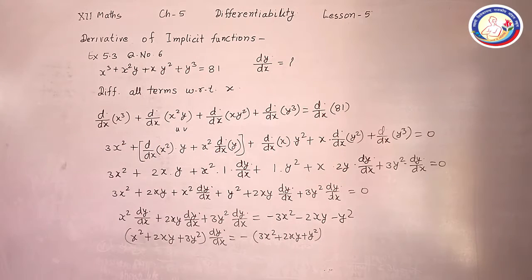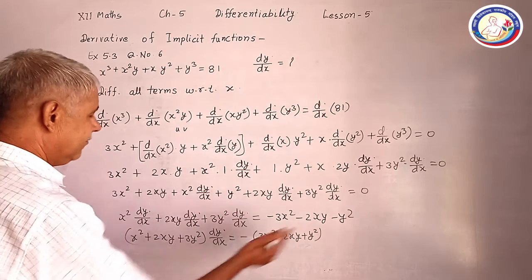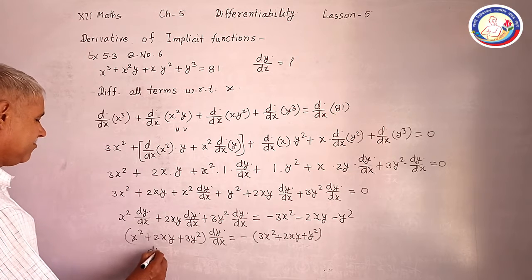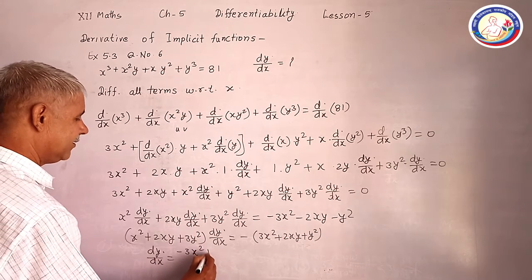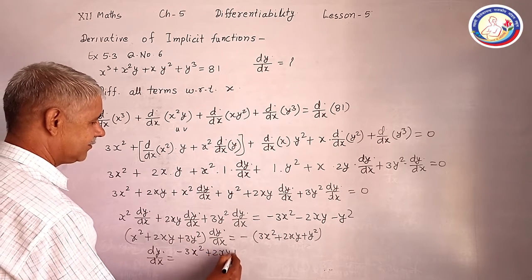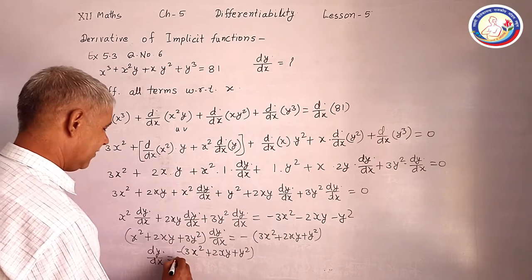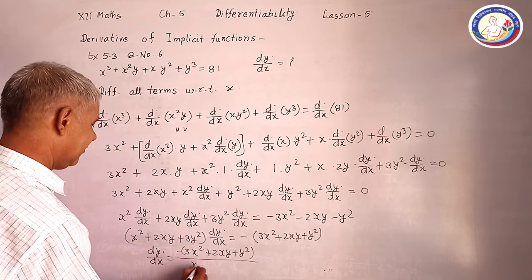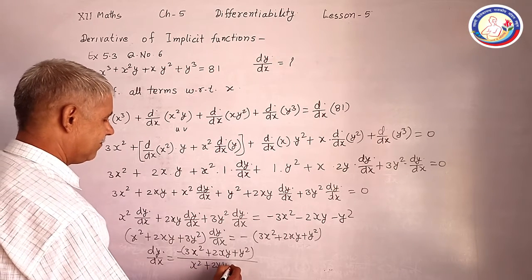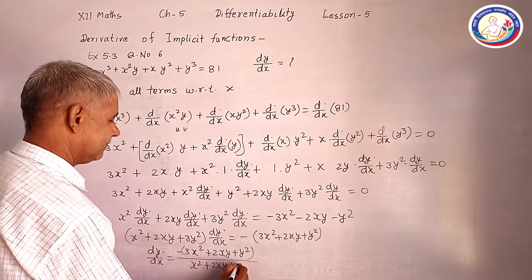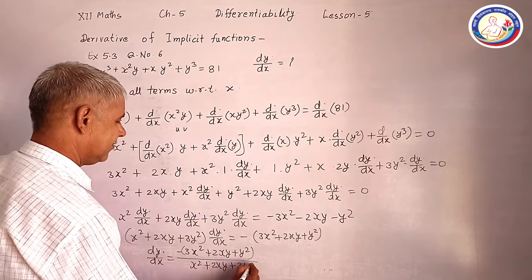On multiplication, we will have derivative of y with respect to x equal to minus 3x square plus 2xy plus y square divided by x square plus 2xy or plus 3y square.